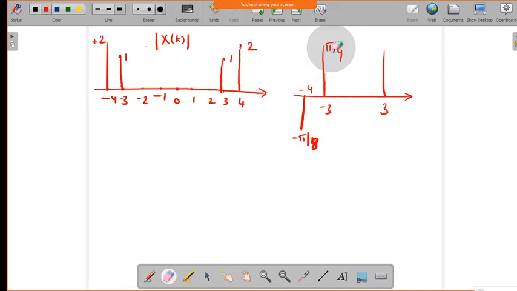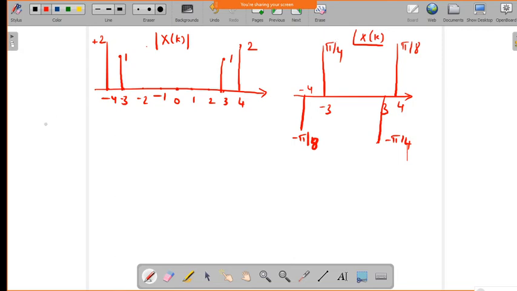So it is minus pi by 4. So at 3 it has minus pi by 4 and at plus 4 it will have plus pi by 8. Okay, so this is the phase spectrum of X of k.